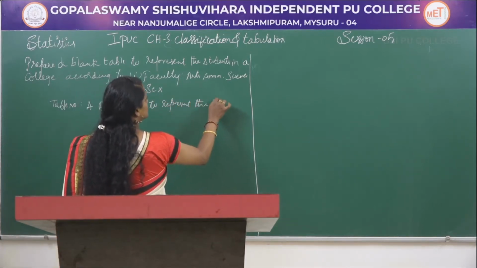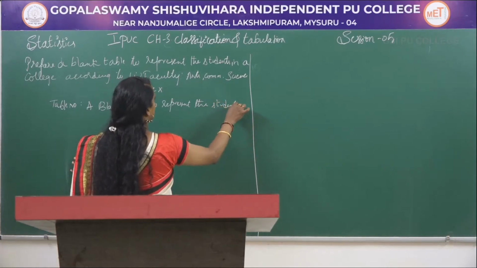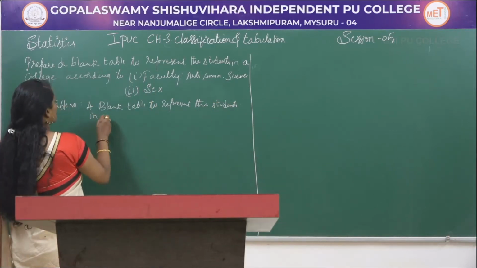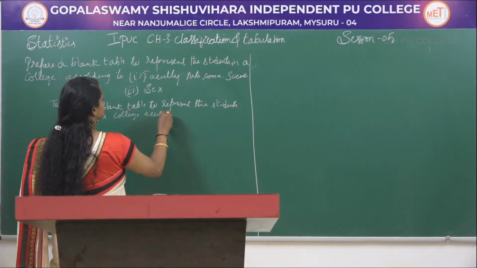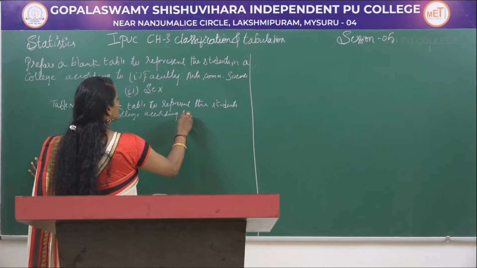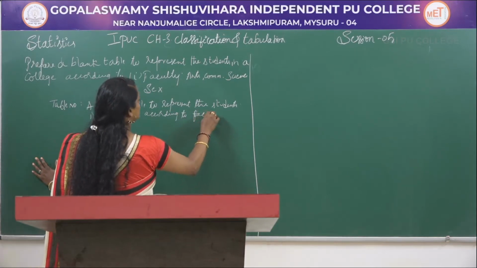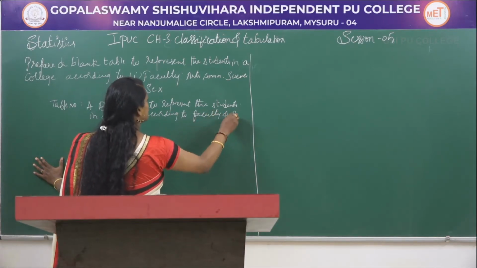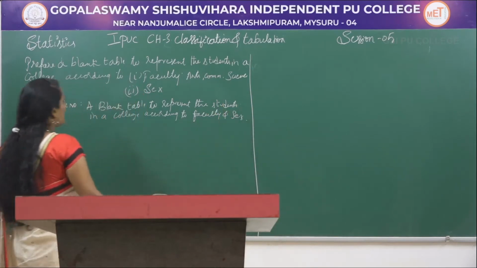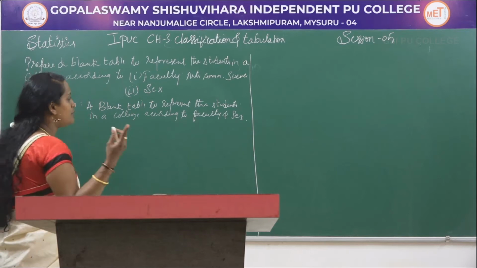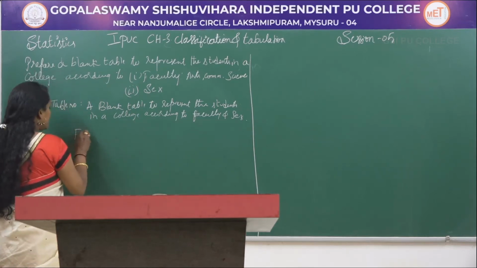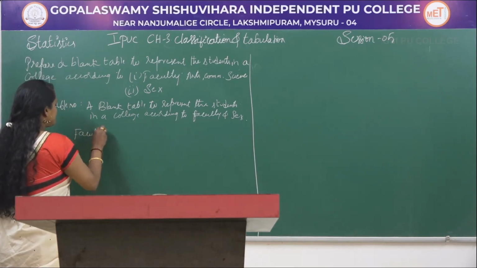the students in a college according to faculty and sex. Here we have faculty as arts, commerce and science, and number of students. So first I will write faculty.